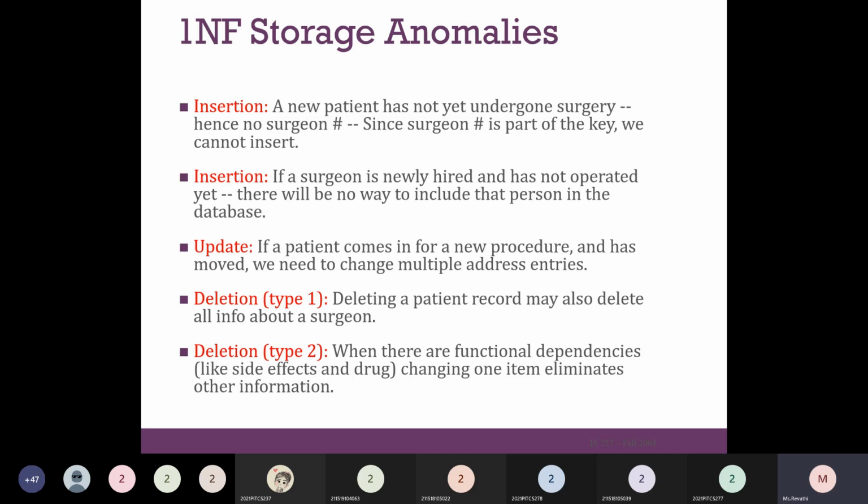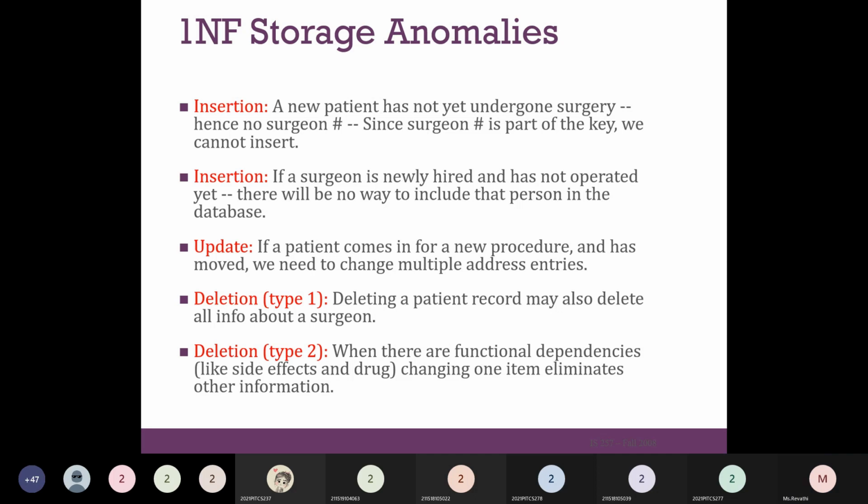That is an anomaly considering the insertion operation. One more insertion anomaly: suppose a surgeon is newly hired and has not operated yet. Then there will be no choice to include that particular surgeon in the database. These are the examples of insertion anomaly in first normal form.